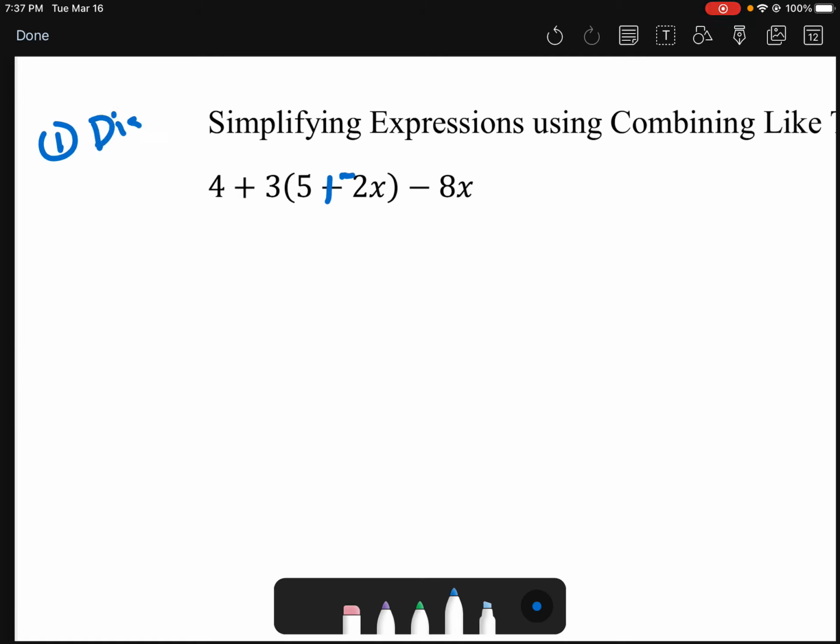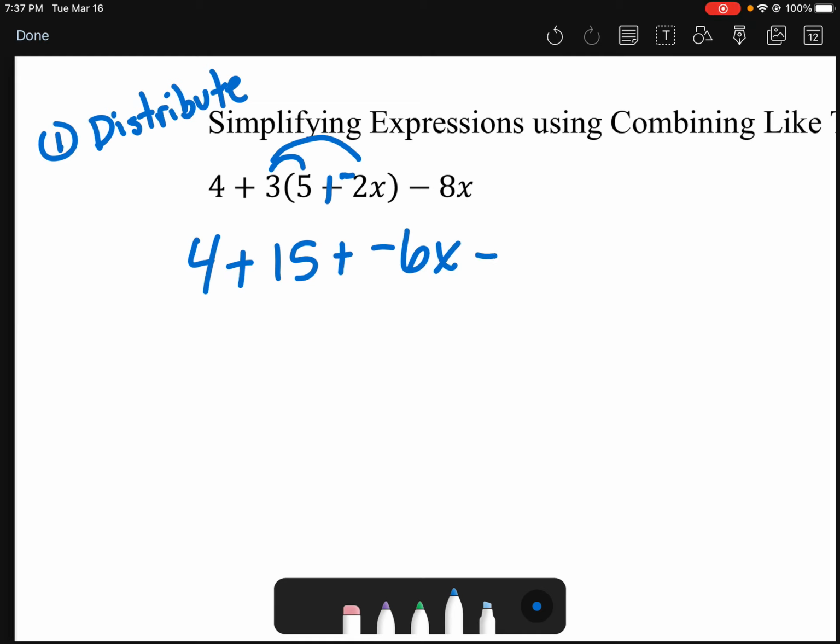First, you want to do the distributive property. Take the 3 and multiply it to everything inside the parentheses. It's giving me 4 plus 3 times 5, which is 15, plus 3 times negative 2, or negative 6x, and then minus 8x.